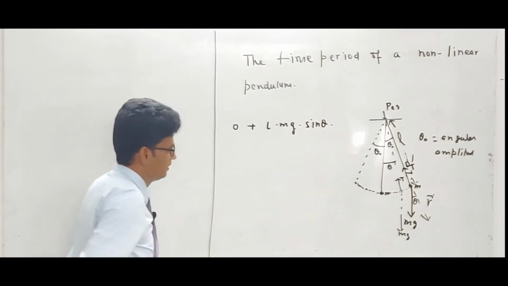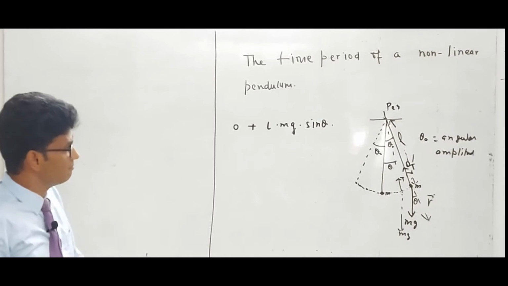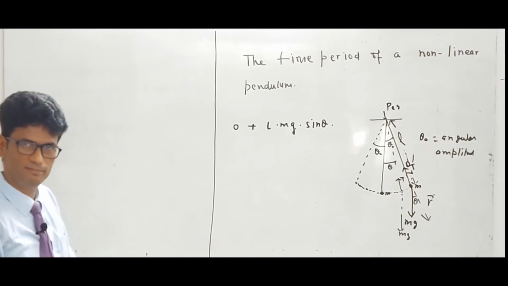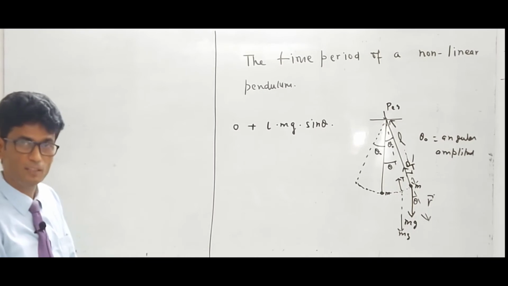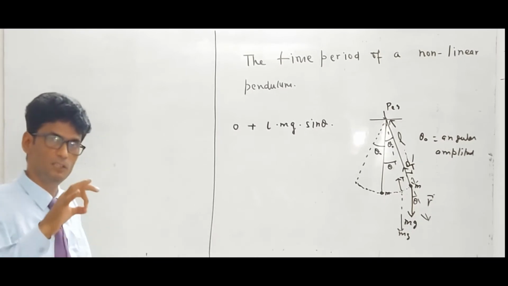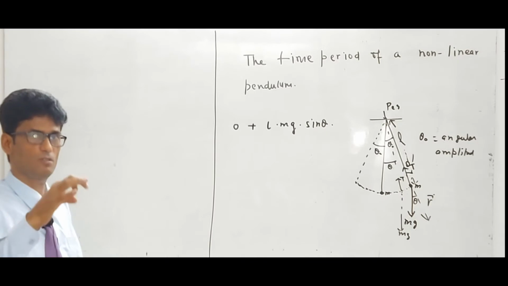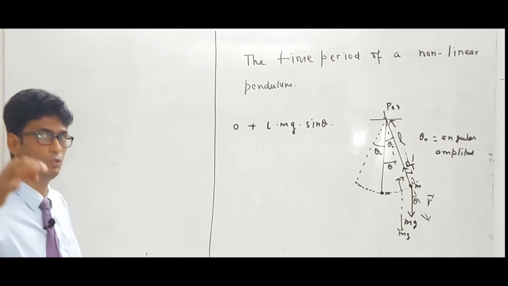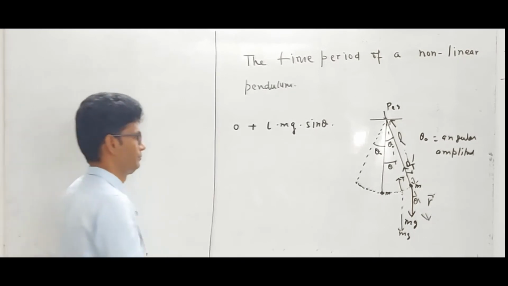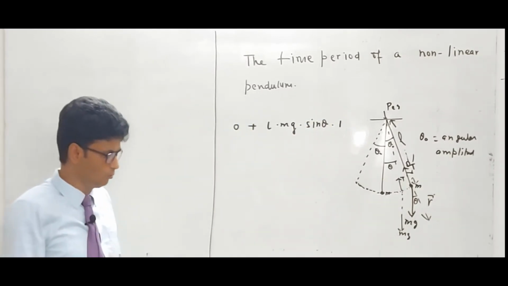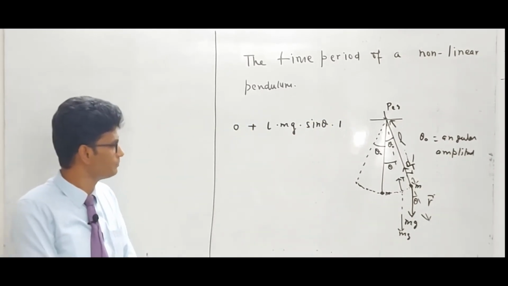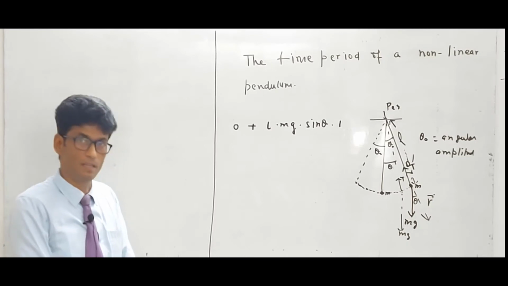Okay. And the unit vector, we are writing here the magnitude. That is why the magnitude of the unit vector is unity, because a unit vector has no unit, it is 1. This is the torque. As we know in the torque equation, net torque must be equal to I alpha.